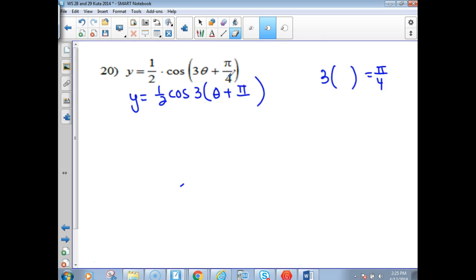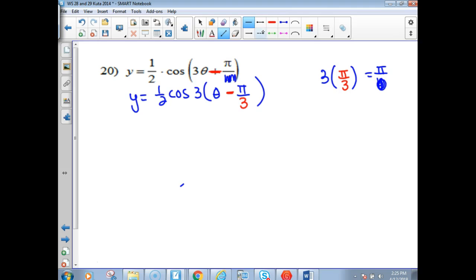You guys have just pi, don't you? I just looked at my key and I was like, wait, there's no 4 there. Okay. 3 times something equals pi. It'd have to be pi over 3. Oh, and you have a minus sign here too, don't you? Sorry about that. All right, let me fix this. I just realized that I had a different problem than you have on your paper. There we go. Better?